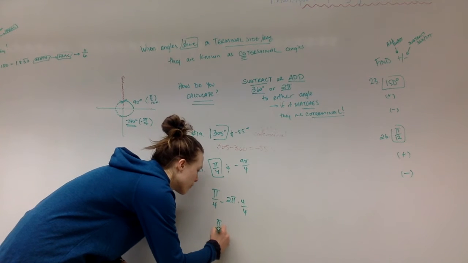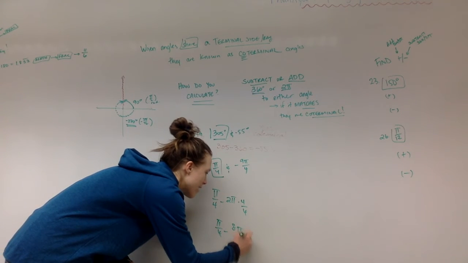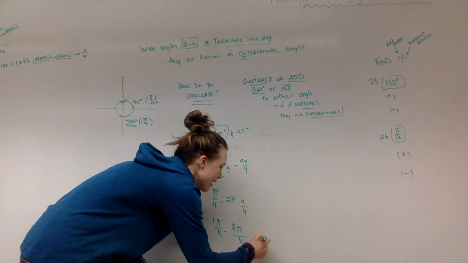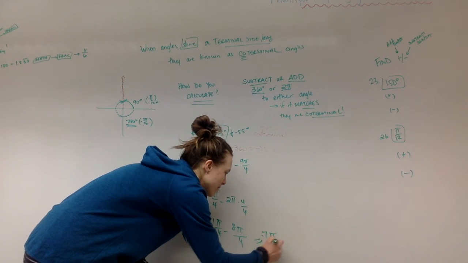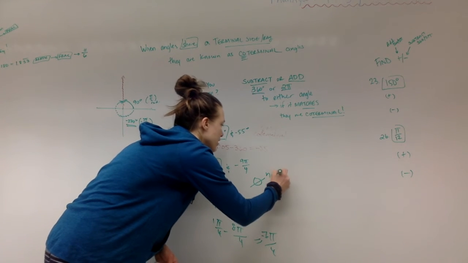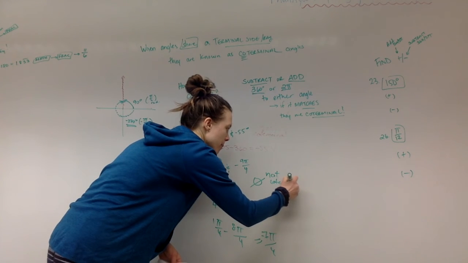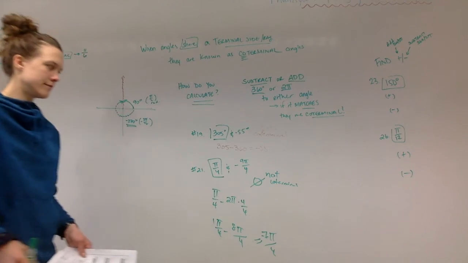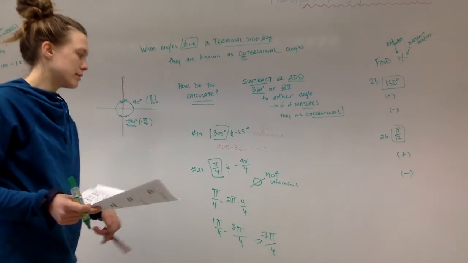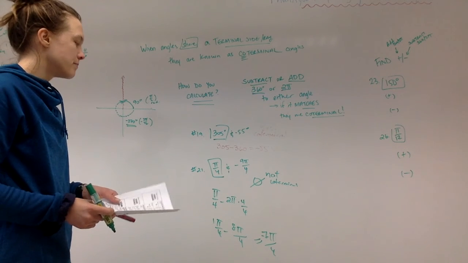So pi over 4 minus 8 pi over 4 gives me negative 7 pi over 4. So those do not work. These are not coterminal angles. You can try 22 using the same process.